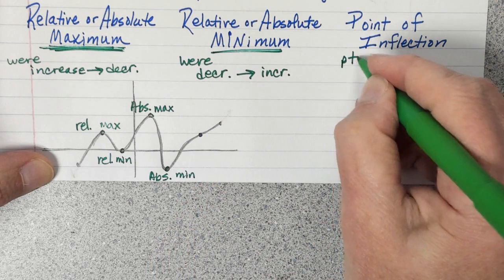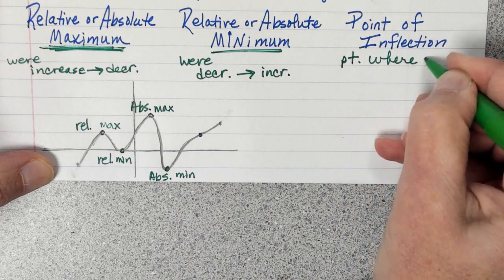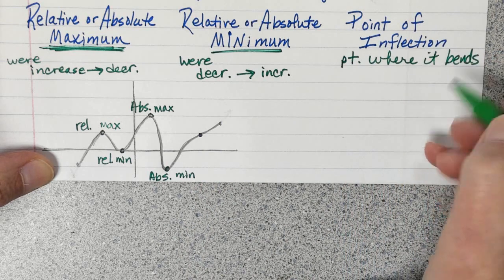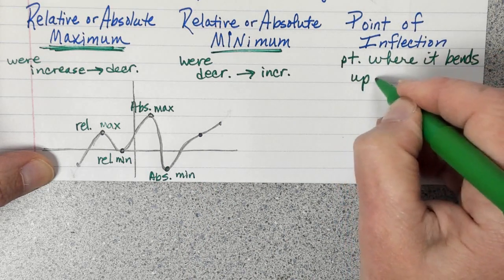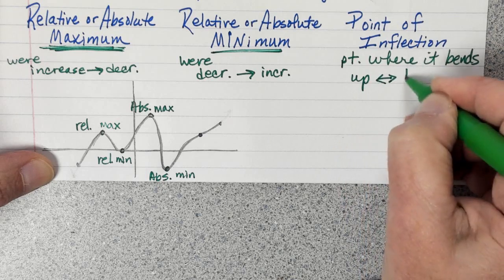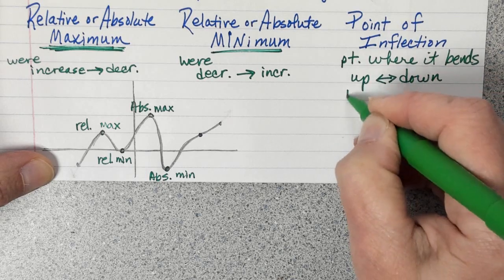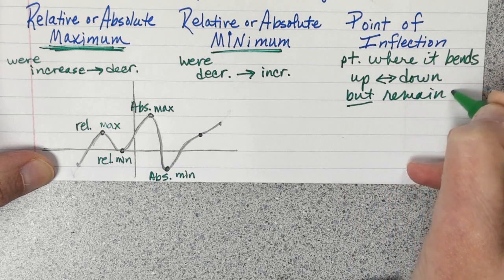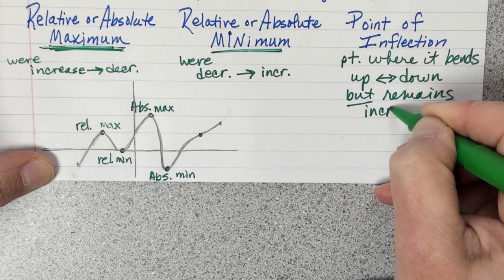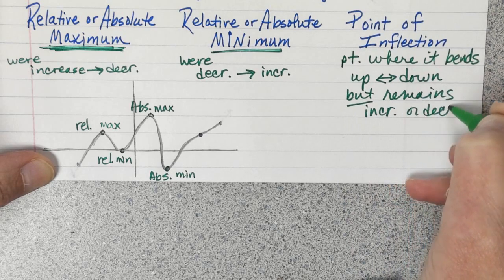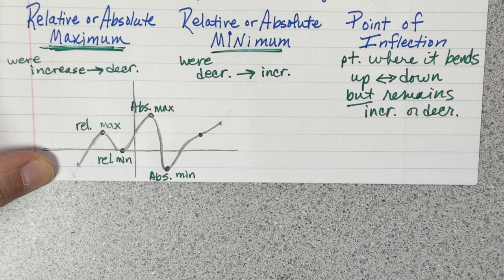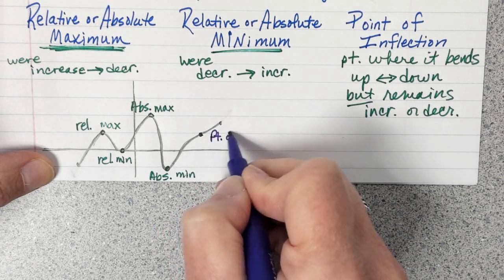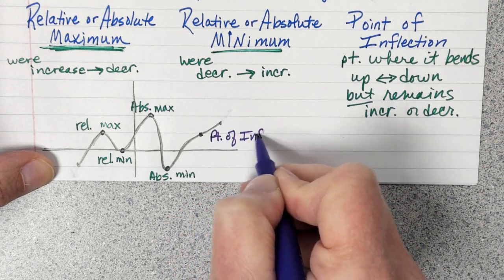It's a point where the graph bends up or down, but it remains increasing or decreasing. Okay, so this right here would be a point of inflection.